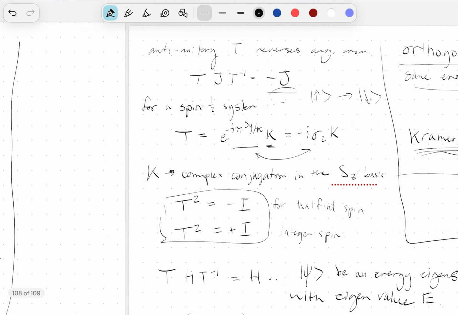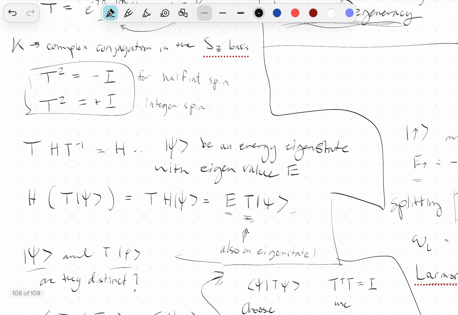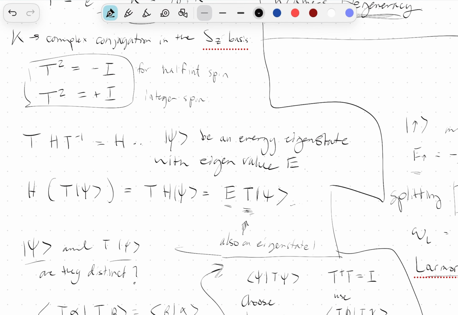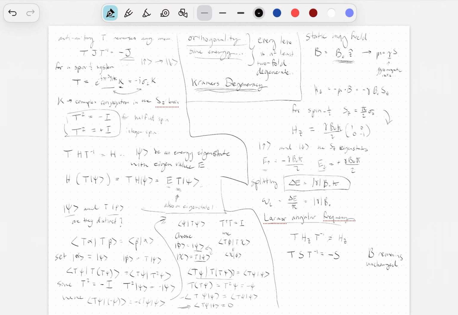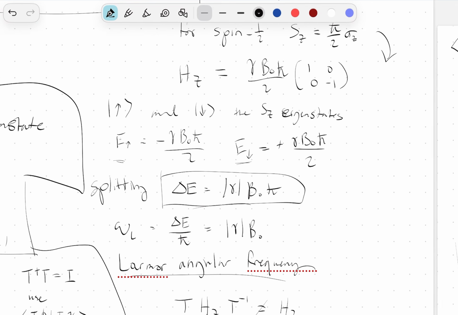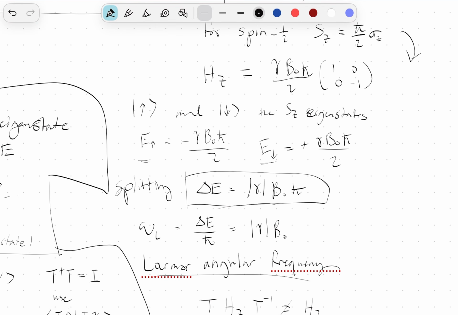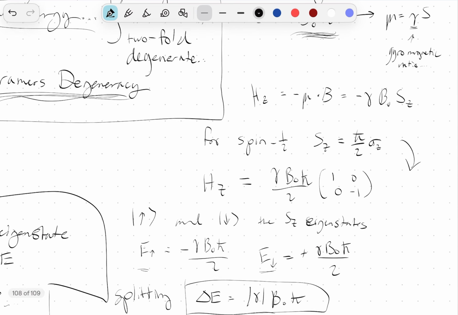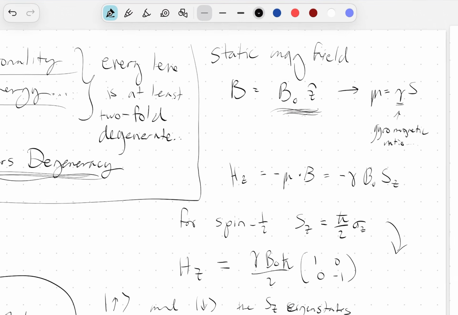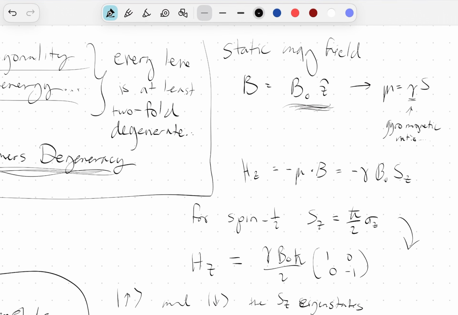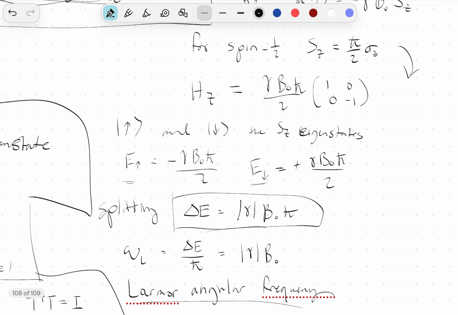Time reversal tells you which states must share the same energy, and then a magnetic field will reveal the multiplet by lifting that degeneracy so that they're visible.